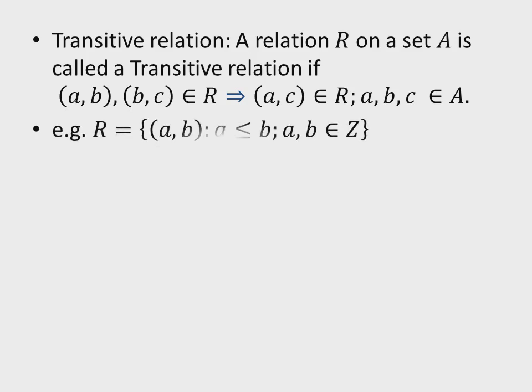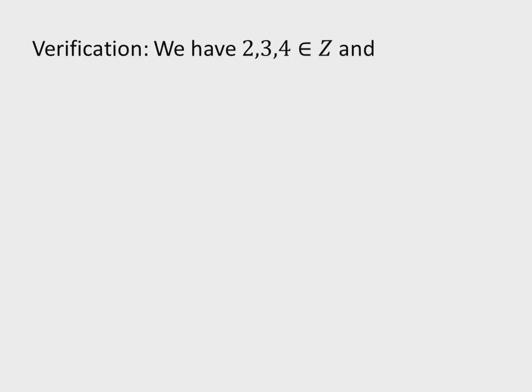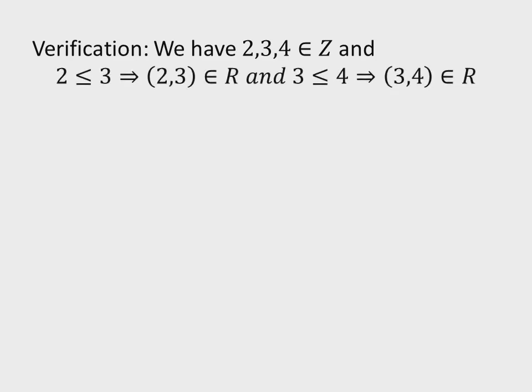We have got an example like this. The very first one we already discussed to be a reflexive relation, which is a relates to b if a is less than or equal to b. Now we can see that it will be transitive. How can it be transitive? See the example. We verify it by considering 3 integers 2, 3 and 4. Now we see that 2 is less than or equal to 3.